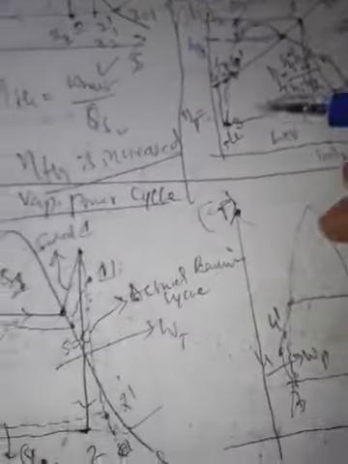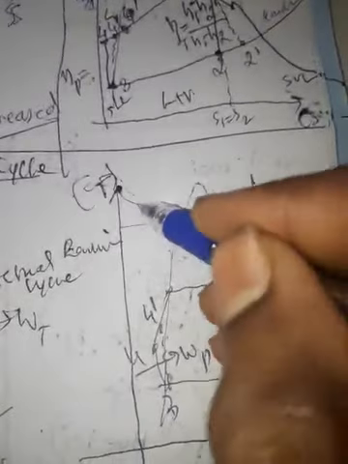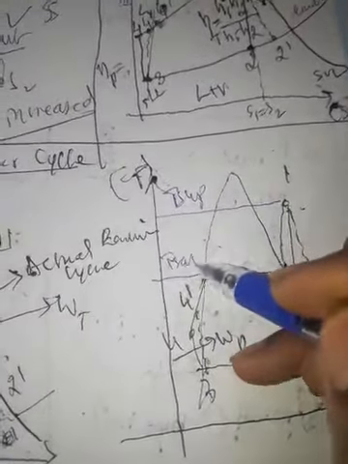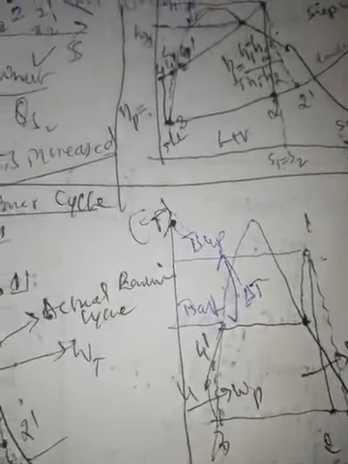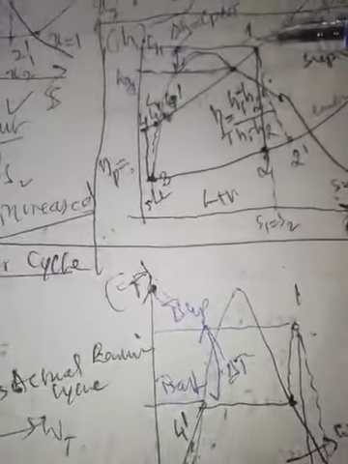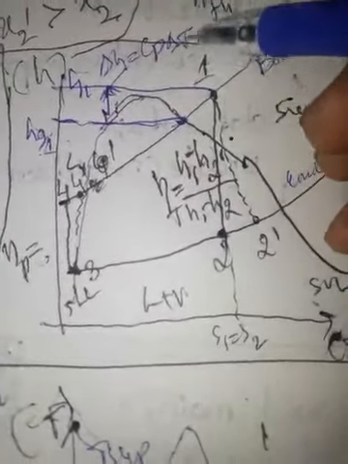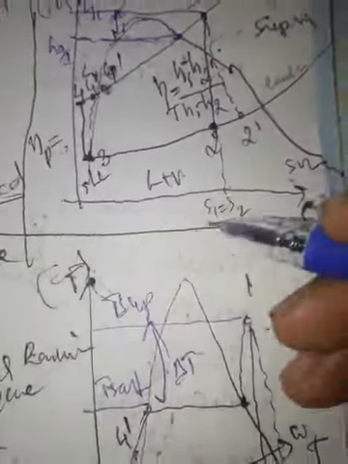See here on this diagram, this is T superheat, this is T saturation, this is the delta T. So Cp into delta T, delta H is equal to Cp into T superheat minus T saturation 1.